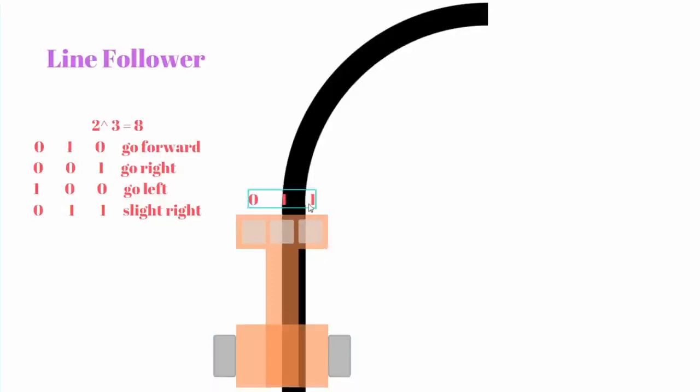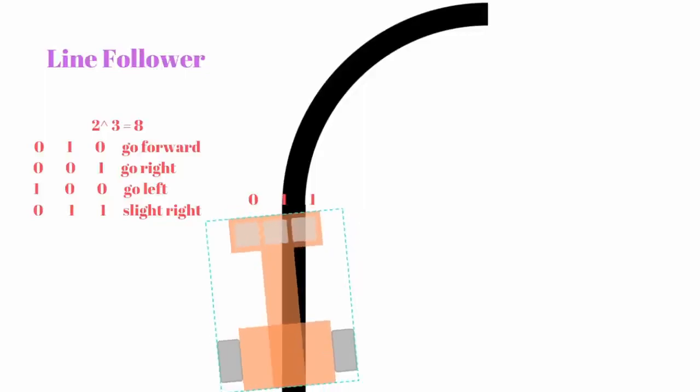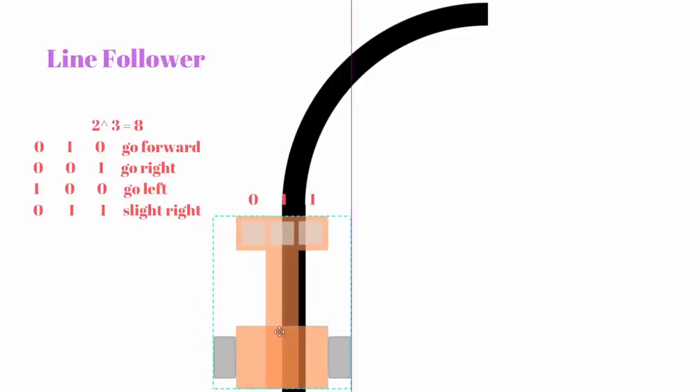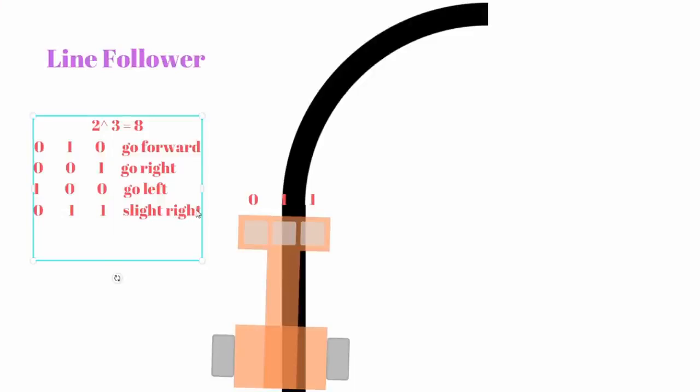So this way both of them are on, so we only have to rotate a little bit. Earlier it was 0, 0, 1 and we had to rotate a lot. Now it is 0, 1, 1, so we have to rotate a little bit. So that is slight right. In the same way we will have 1, 1 and 0. So this will be slight left.